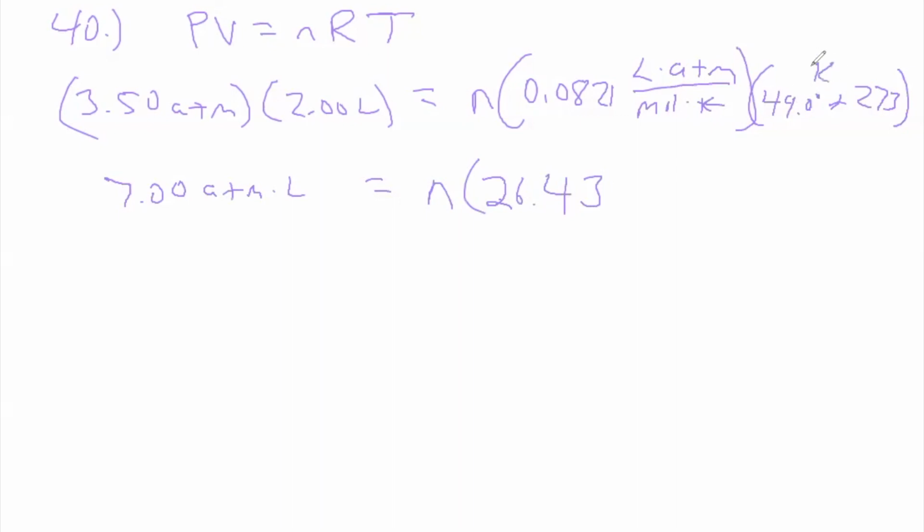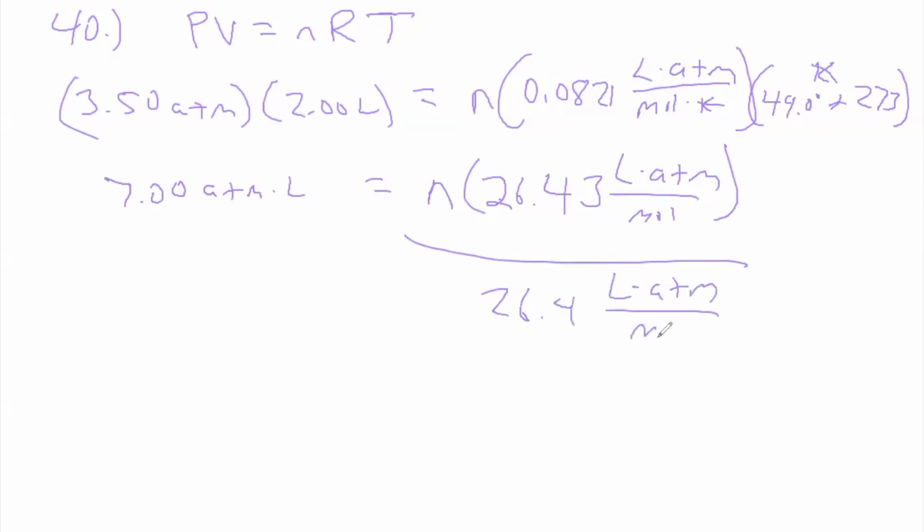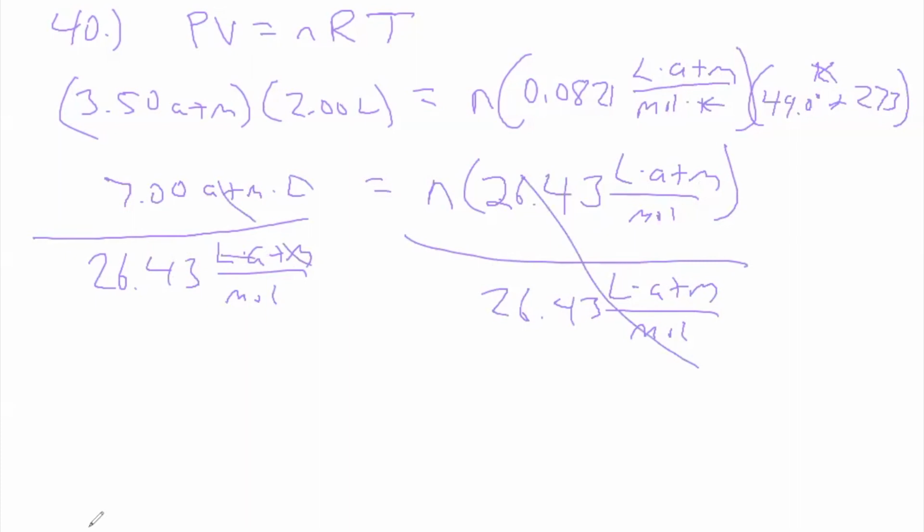And then again, Kelvin right here will cancel out, so now our units would be liters times atmospheres over moles. So we do 7 divided by 26.43, and that gives us 0.265.